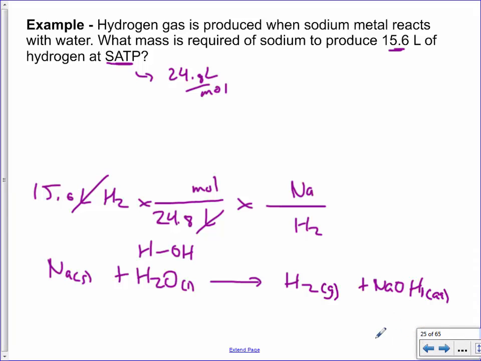Is it balanced? Everything's balanced but hydrogen, which kind of sucks. Alright, so how do I balance it? Okay, well, sodium's balanced, so let's try not to change sodium yet.